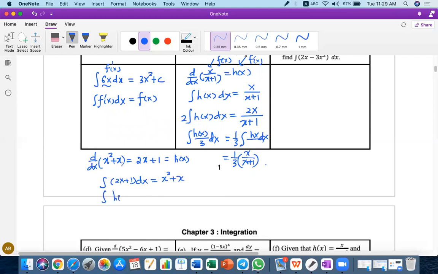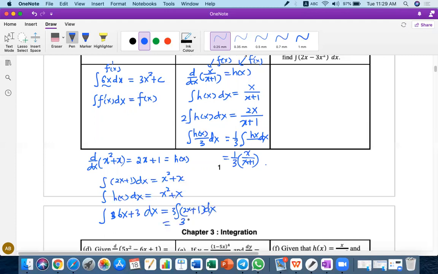If I ask you to find the integral of 6x plus 3 dx, it is equivalent to 3 times the integral of 2x plus 1 dx.